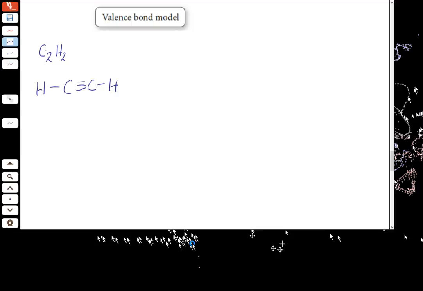And now we've got a triple bond. So what do you think is going on here? Based on extending our ideas from valence bond theory, how do we describe a triple bond? Any guesses?